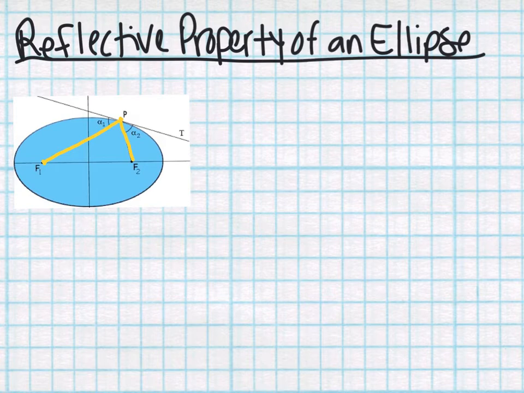So we can figure out exactly where focus number 2 is if we don't know where it is, because we've got this line that you can see here, T. Line T is a tangent line to the outside of the ellipse, so it intersects in one point.